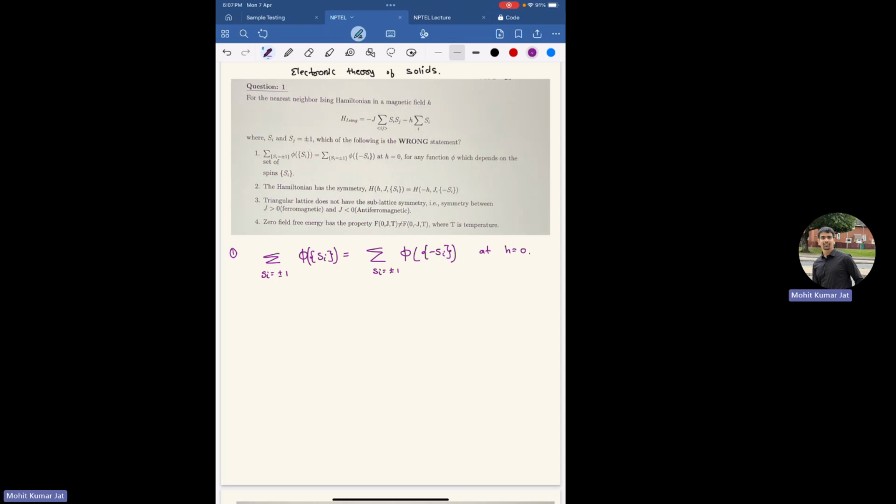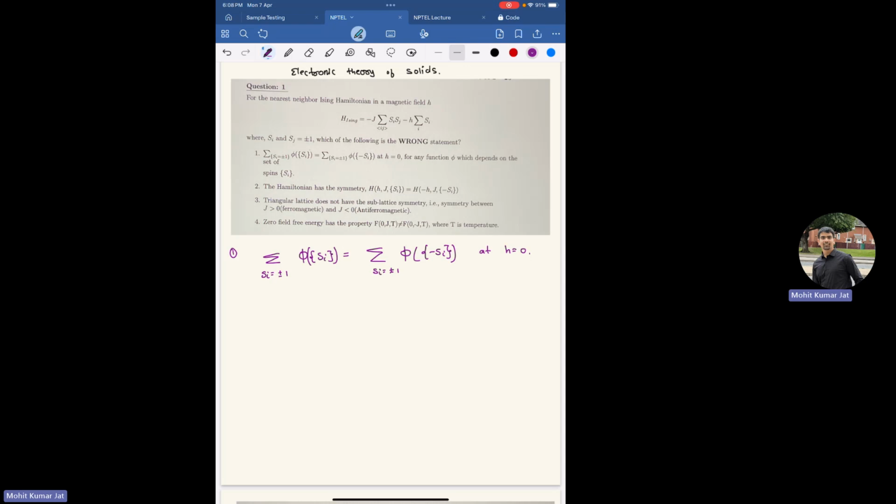Okay, phi is any function. The shape and form of the function is not given, but phi is any function which depends on the spin, and we have to solve it and then we'll come to know.